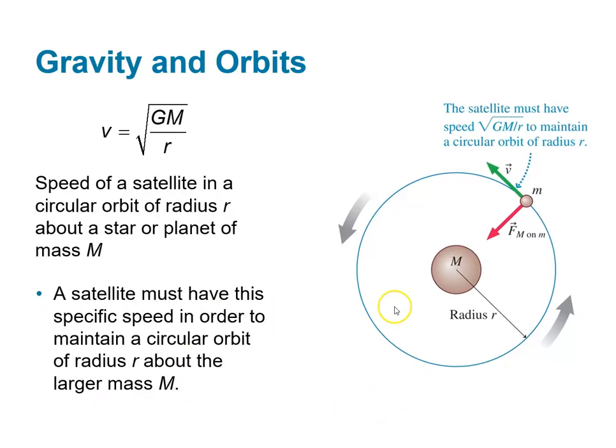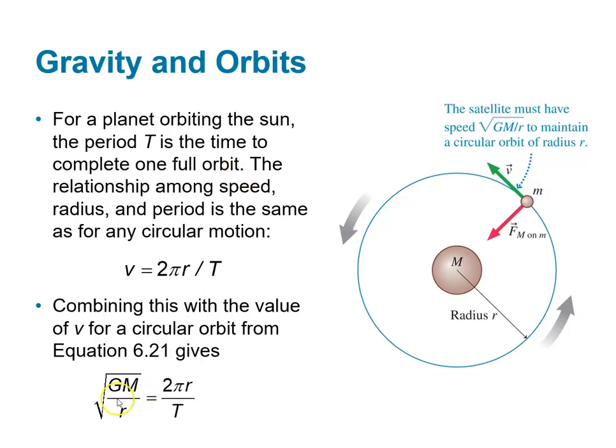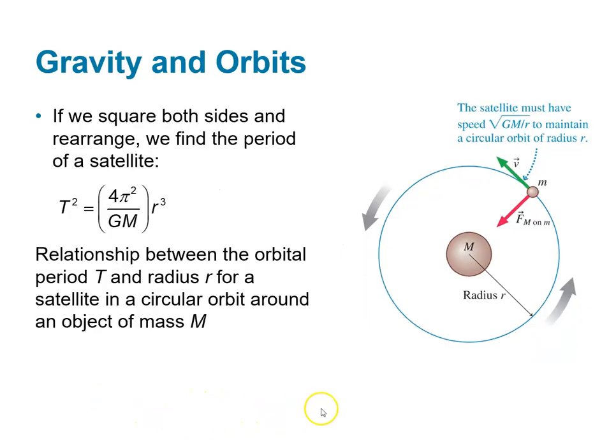On the last page, we learned that the velocity is equal to the square root of the universal gravitation constant times the mass of the planet divided by r. So we're putting these two equations equal to one another. And if you square both sides, you can find the period of a satellite.